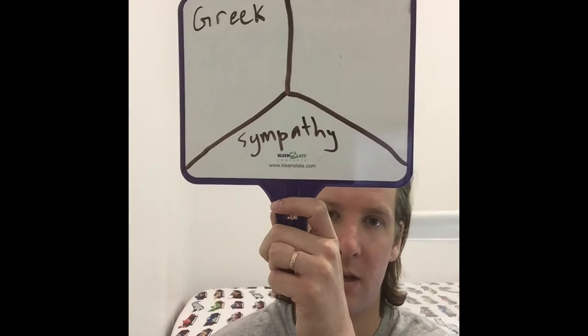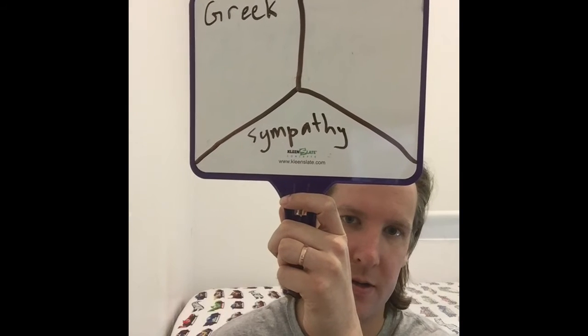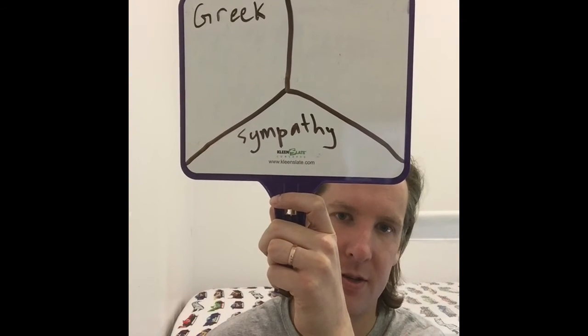So I'm going to start off with you here. We've got the front of our morpheme card, path. And we know that it's Greek in origin. And we know that one word could be sympathy, so I separated mine into triangles, into 3 parts.